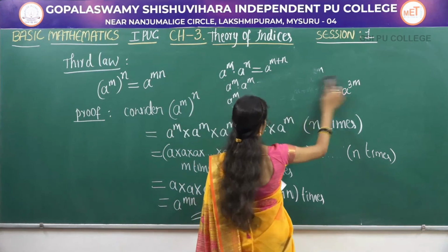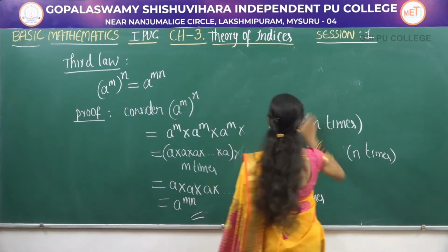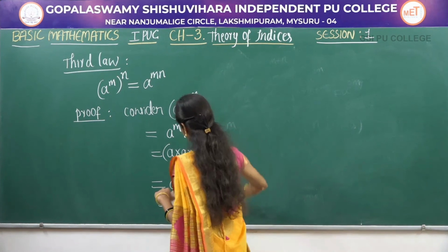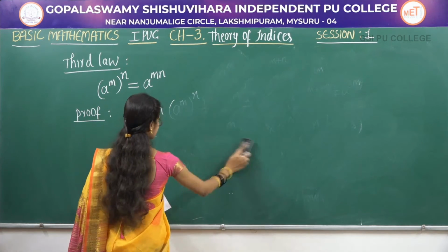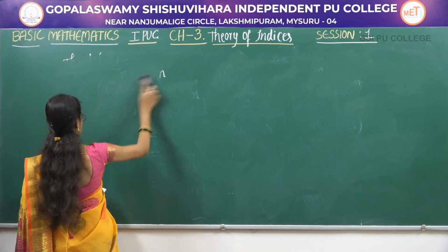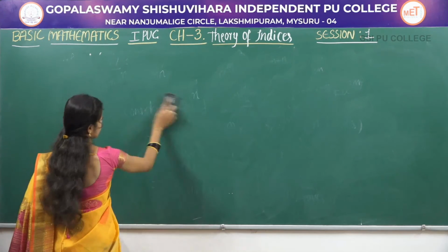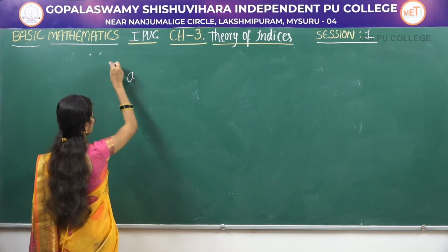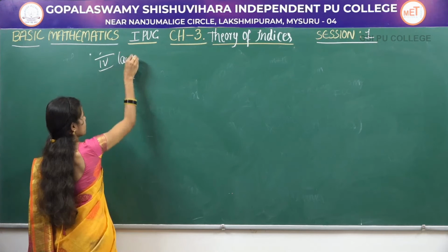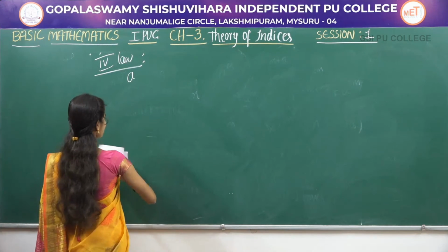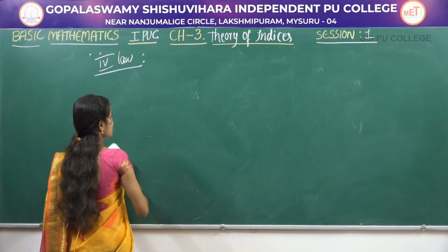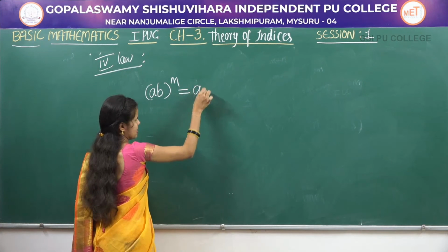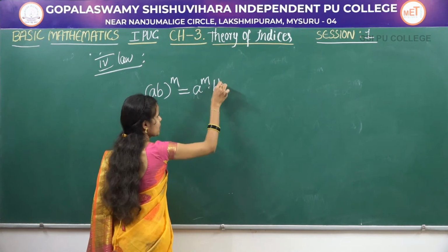Next, fourth law. Okay, next. The fourth law of exponents is a into b whole to the power of m is equal to a to the power of m into b to the power of m.